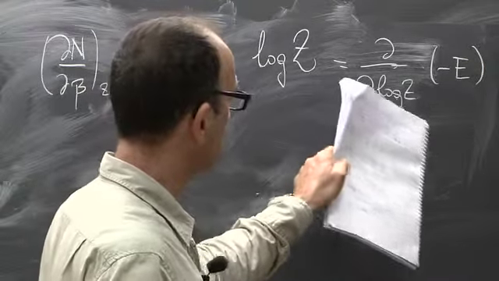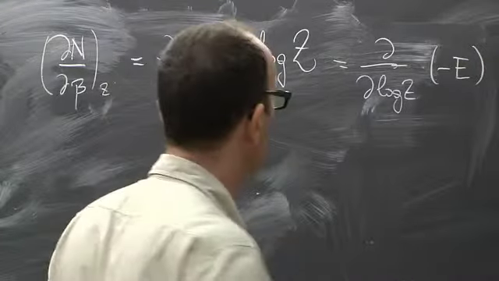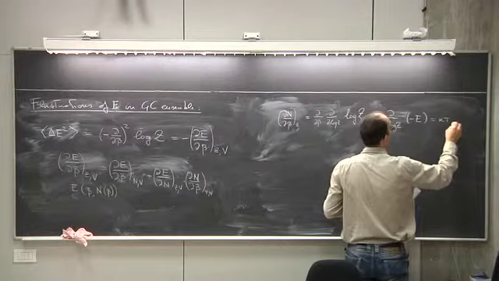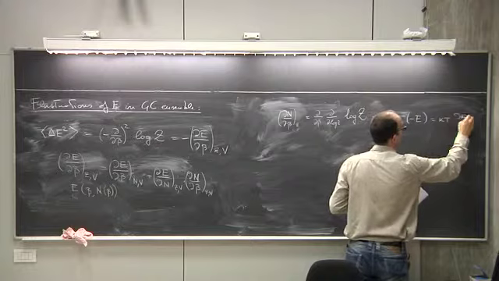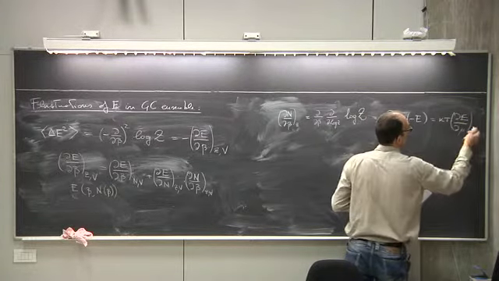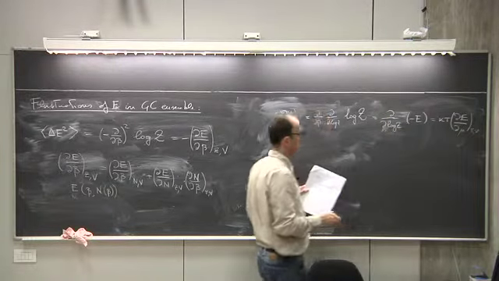Now this derivative has to be taken at constant T. So this is kT times the derivative of E with respect to chemical potential at constant T and V. Okay?